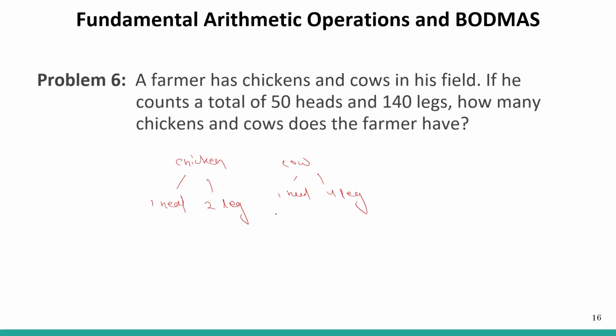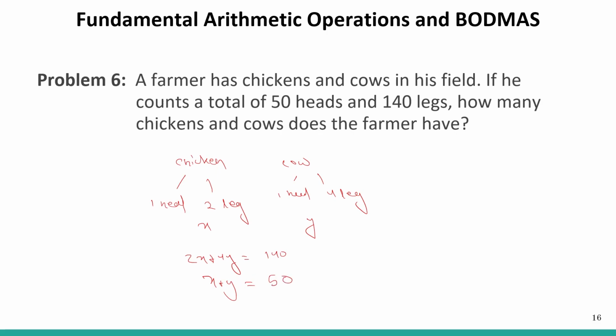Let's say the number of cows is y and the number of chickens is x. In general there are 2x plus 4y legs, that is equal to 140, and the number of heads is x plus y, because both have only one head, and that is equal to 50.